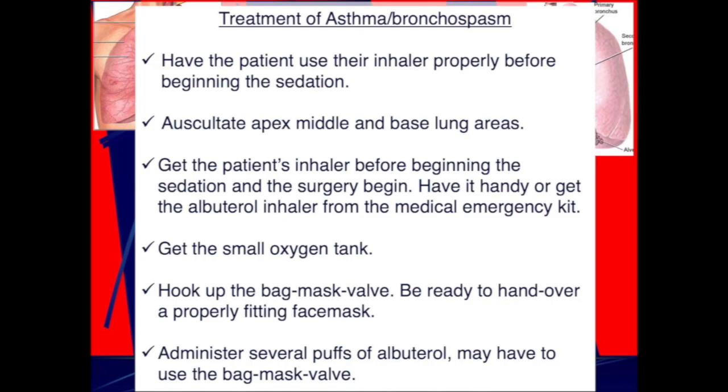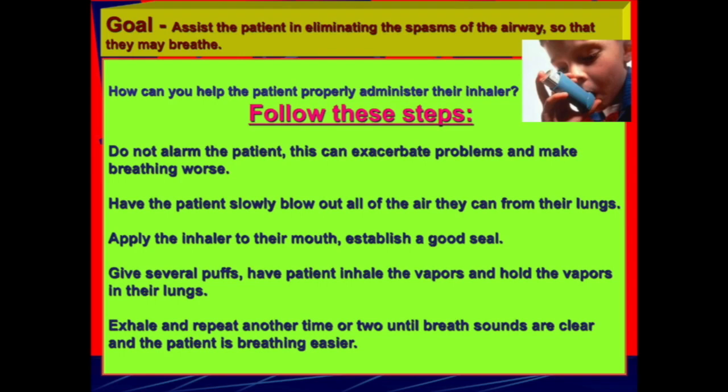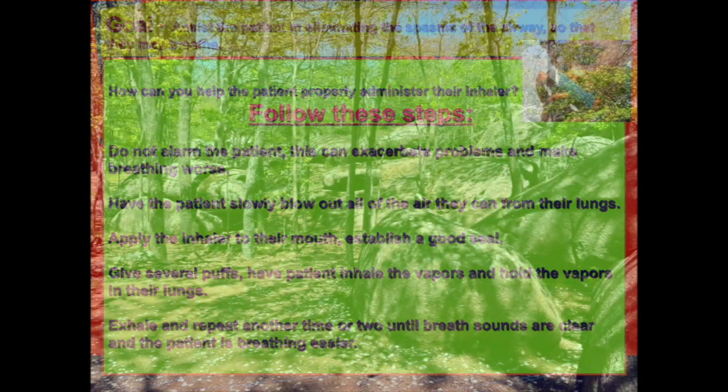I'd like you to look and read through each of those. We talked about using it, and you're going to get the same thing again in your emergency medications every dentist should know lecture. So read that over. And the next slide is for properly administering an inhaler to a patient.